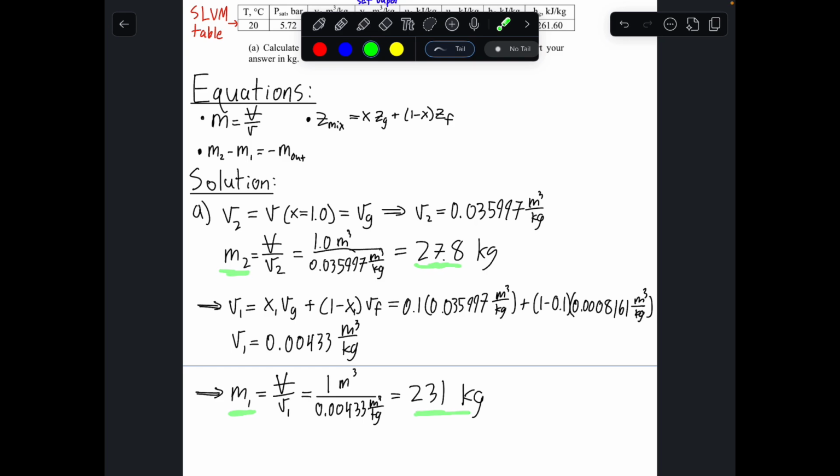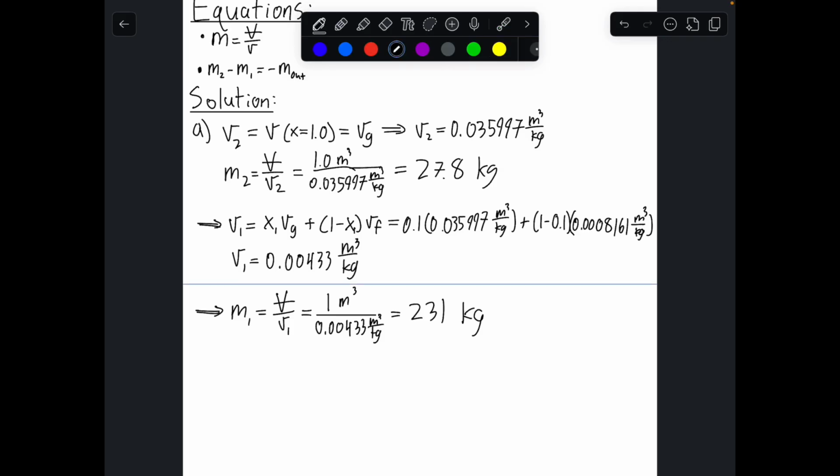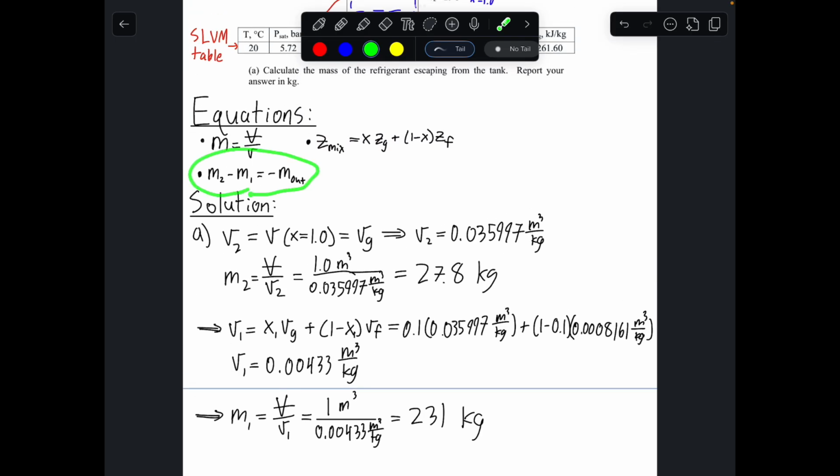Because we have a total mass of this much before, and then some leaves the tank, that gives us a smaller amount of mass at state 2. And then we can just take the difference to find the amount of mass that left. So we could just use this equation that we got from conservation of mass.